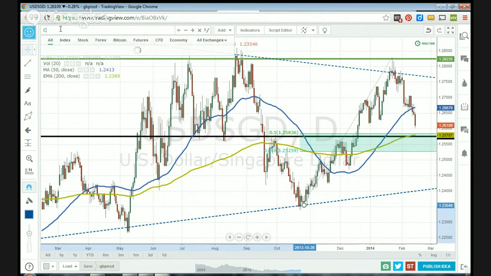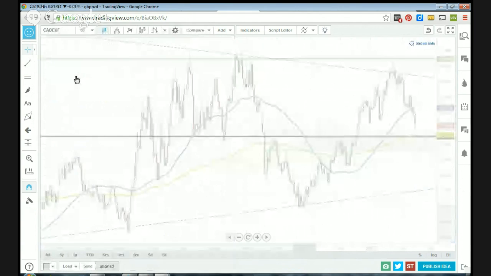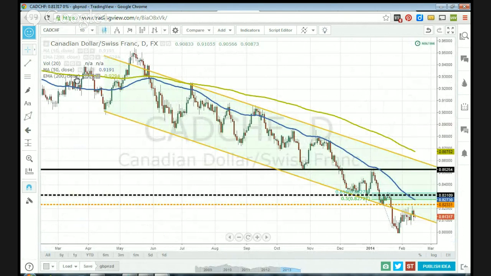Now let's go to Canadian dollar. Canada Swiss. Okay, Canada Swiss. I still just want more of a pullback, really.